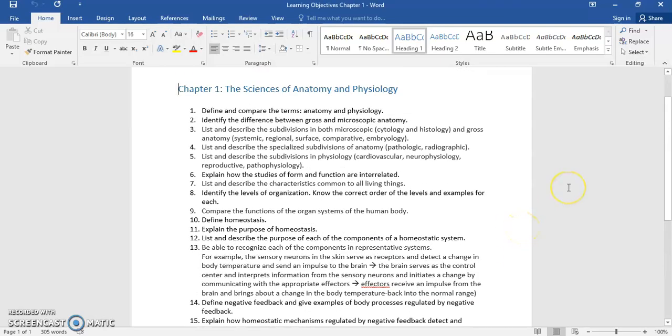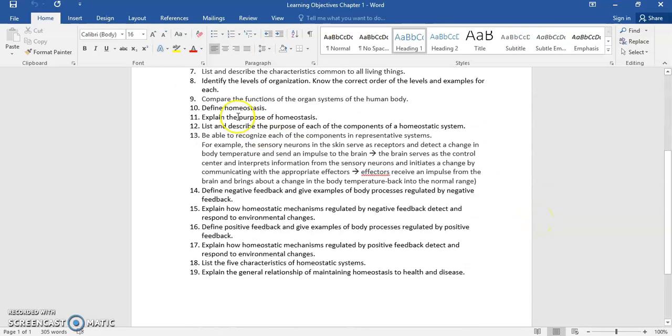Okay, if you recall the last few videos over Chapter 1, we've been discussing learning objectives 1 through 9. Now, in this video and another one, we are going to start discussing homeostasis. There are quite a few objectives for homeostasis because it is a very important, central concept that we'll use throughout A&P.